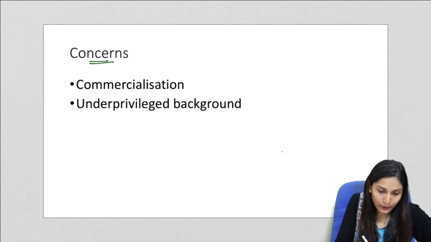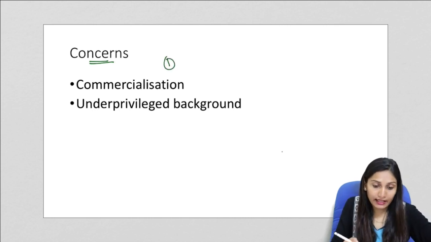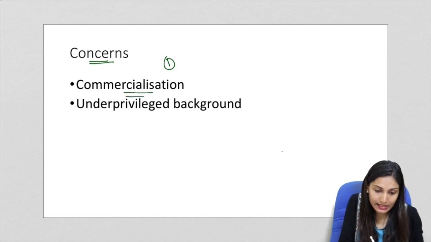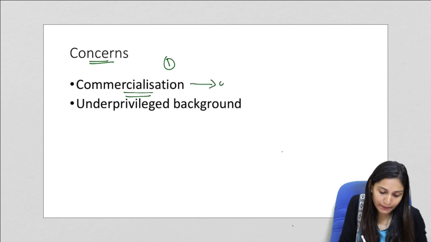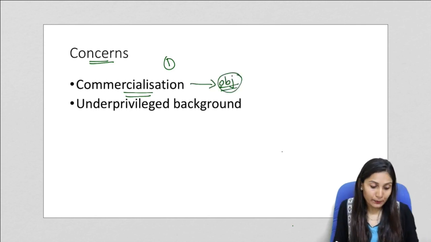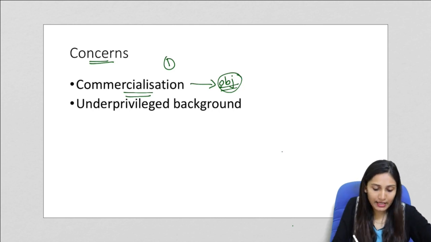First, the government claims that regulating surrogacy will put an end to the widespread commercialization of the surrogacy practice. So the first objective of the bill is to stop commercialization of surrogacy. For that purpose, the government has introduced various provisions under this bill.